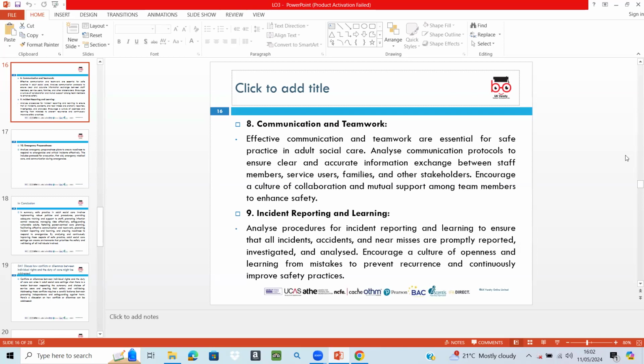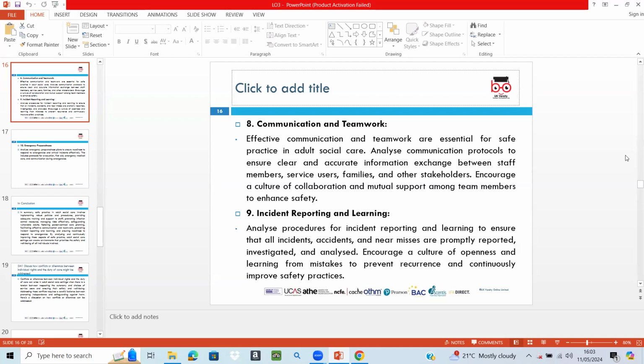So we were discussing the incident reporting and learning. If we apply the procedures and ensure a proactive approach to managing accidents, or anything related to the adult social care setting, what we need to do is the analysis of incident reporting protocols.